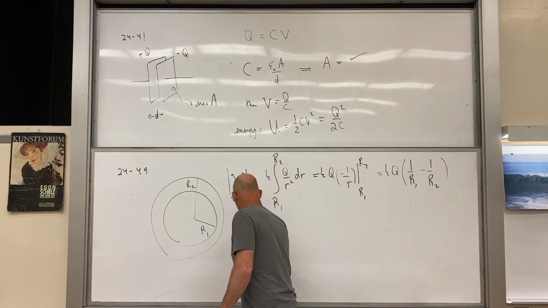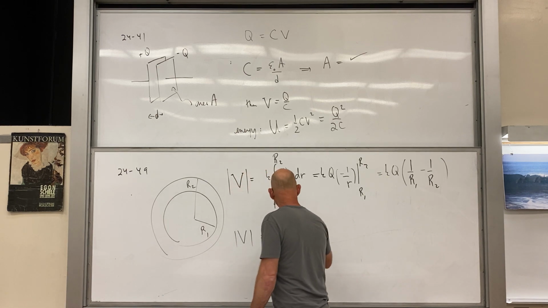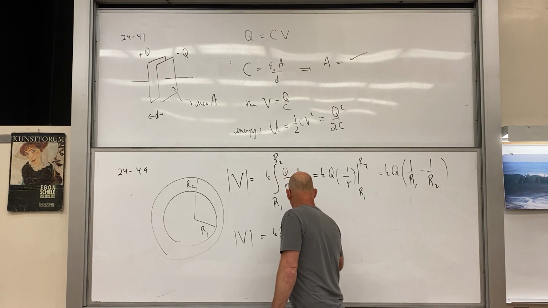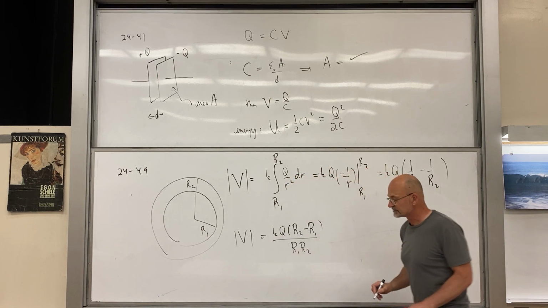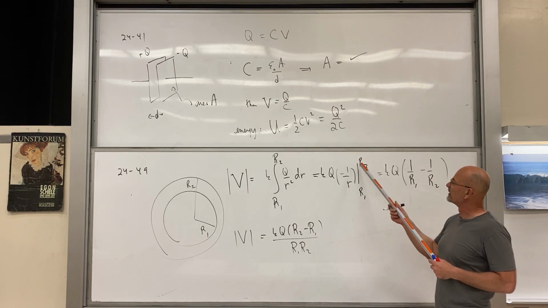So we have our V magnitude at least will be KQ times (R2 minus R1) over R1 R2. Good, so that way we kept it all positive. Didn't have to worry about sign.